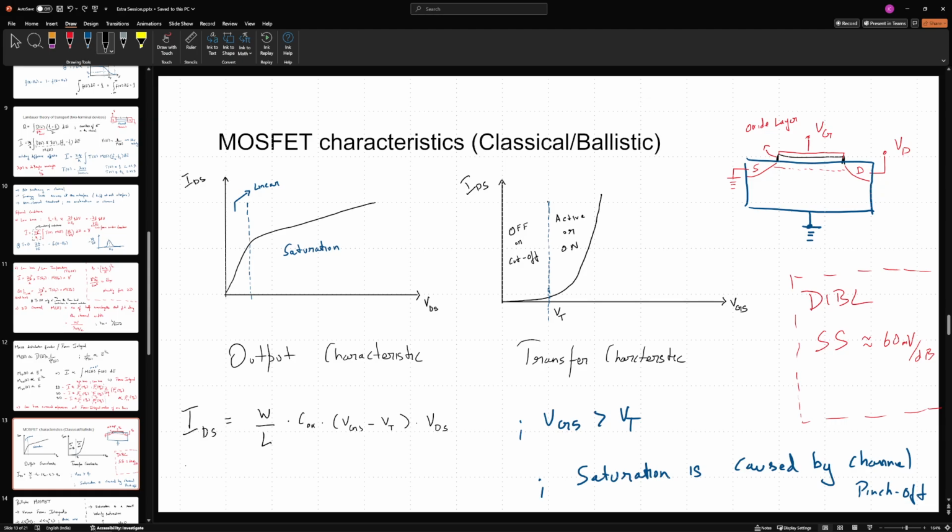So ID sat, the saturation current, is W divided by 2 L prime times Cox into mu into VGS minus VT, the whole square.